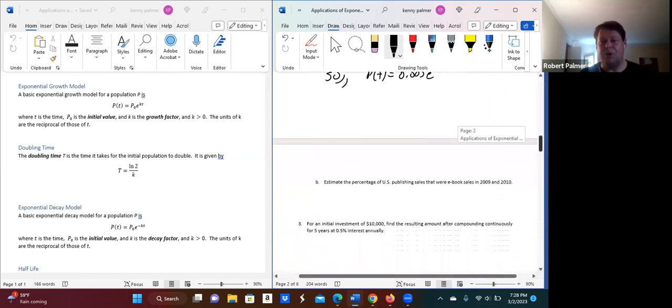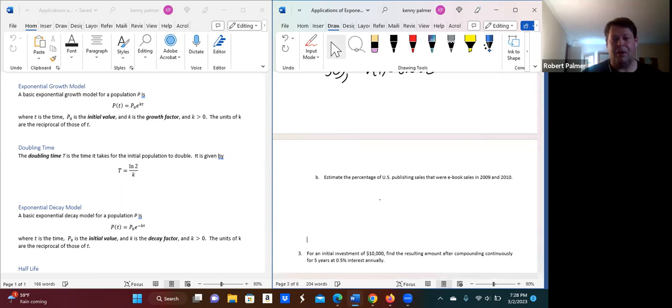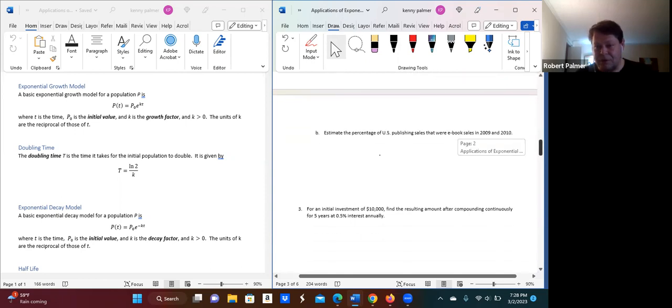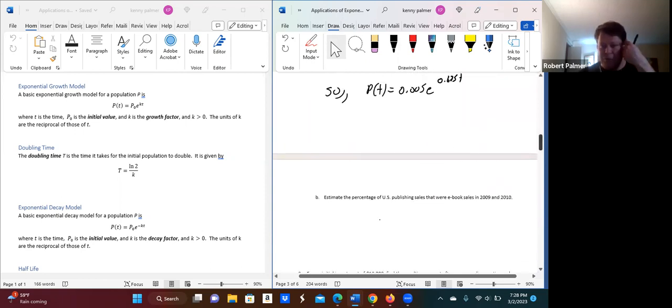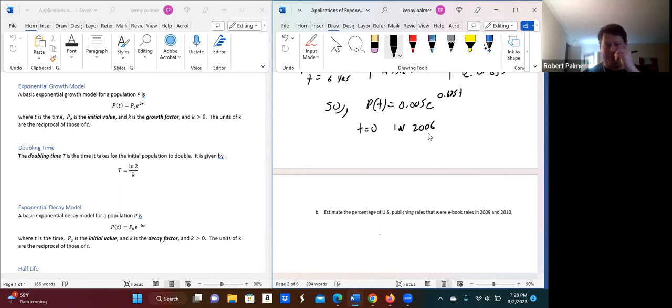Now we want to use that in a couple of examples. It says estimate the percentage of ebook sales in 2009 and 2010. I should also say one more thing for this model: t equals 0 in 2006. That's important. So you have to judge everything from that.